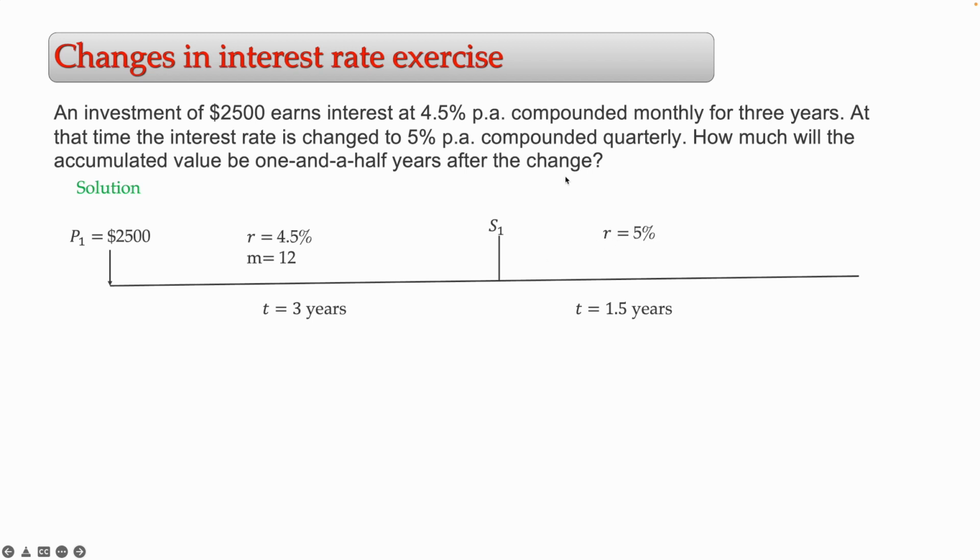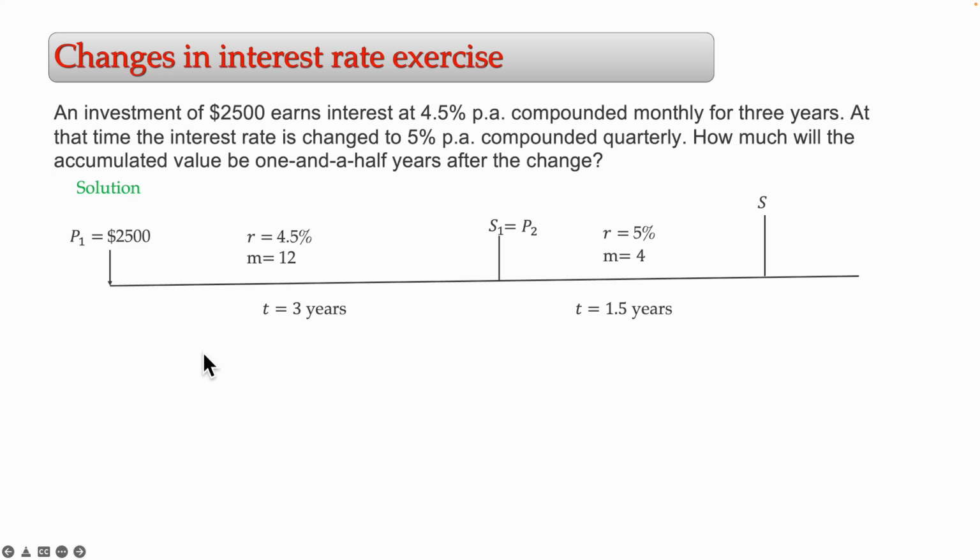The interest was 5% and it was compounded quarterly. So n equals 4. What I'm going to do is use the amount that I have at the end as the principal of the second period. Let's call it P2. And I'm going to use again the formula of the future value to compute a final amount after this 1.5 years. This will be S, computed with this principal. So that will be my idea for solving this problem.